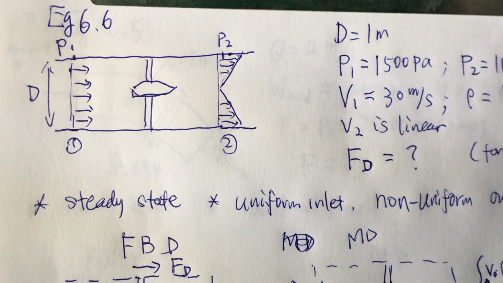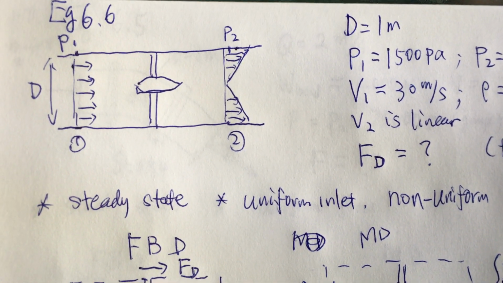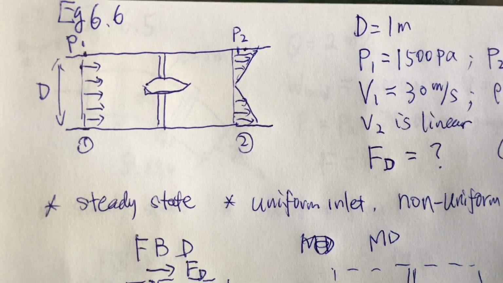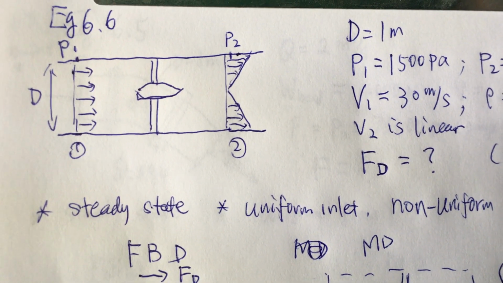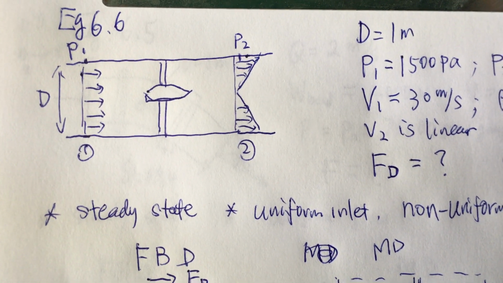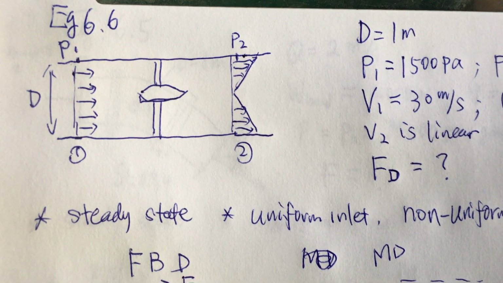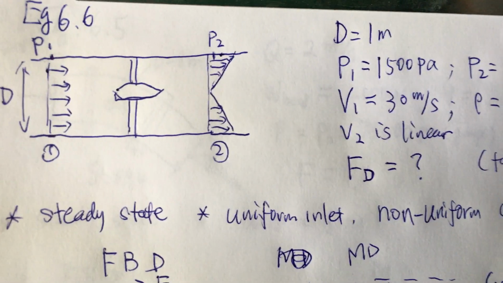So how do we solve it? This seems like a more complicated problem. So the same couple of questions that you ask yourself: is it steady state or unsteady? Obviously it's steady state. Every problem we see so far is steady state. It doesn't change with time. Is this uniform or non-uniform?